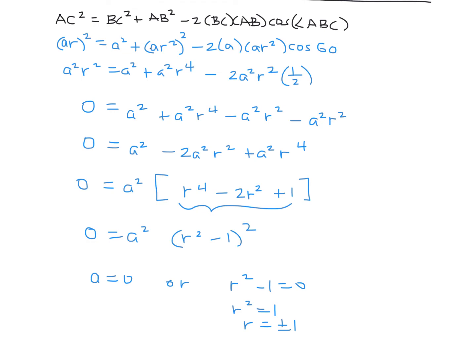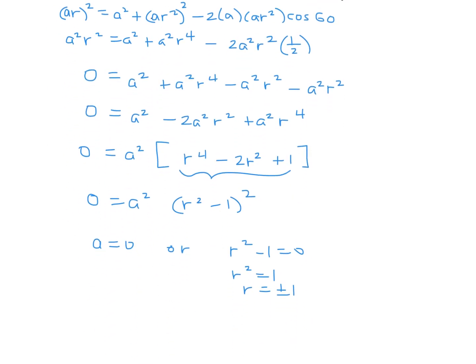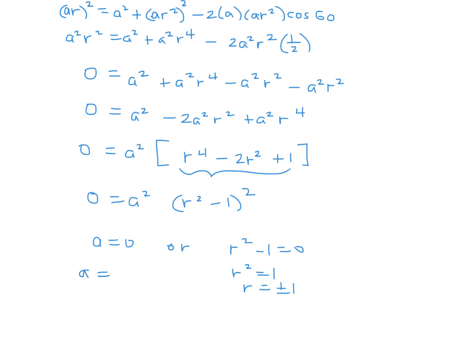A represents a length, as in the diagram up here. So A cannot be equal to 0 since it is a length. This part is no good. But how about the other part? We have concluded that R could be either plus or minus 1.